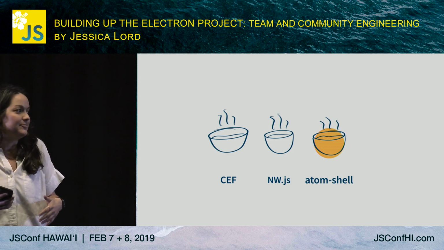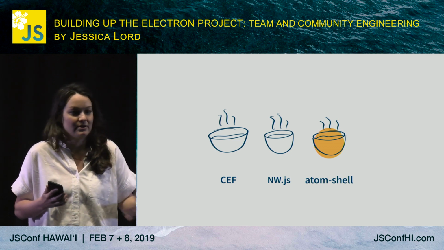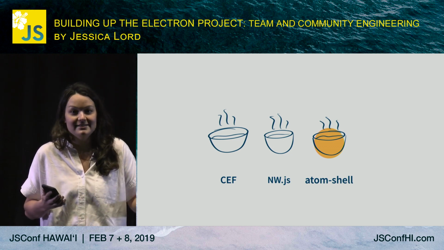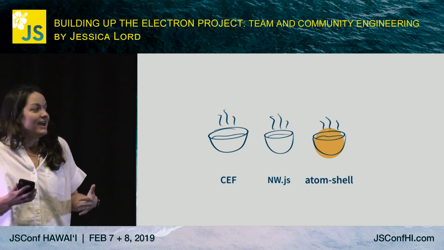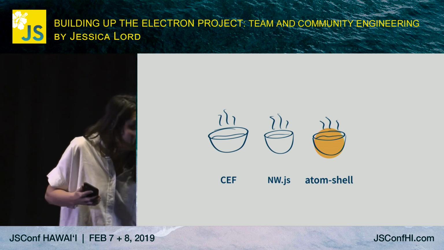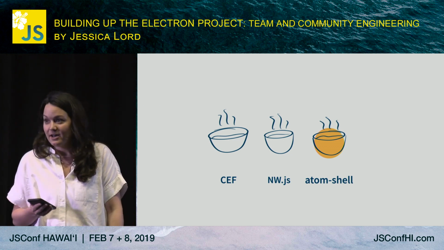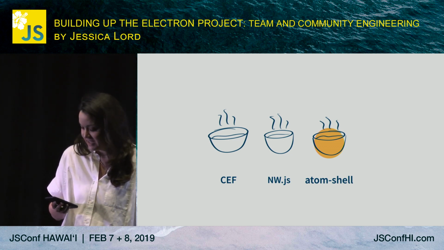And the developers on the Atom team at that time were talking to people on NWJS, and they met Chang, ZC Benz on GitHub. And they really shared this vision of this other, more perfect bowl of porridge, which could be Atom Shell. And so GitHub contracted Chang, and he started building Atom Shell.